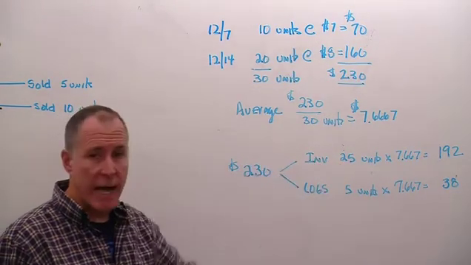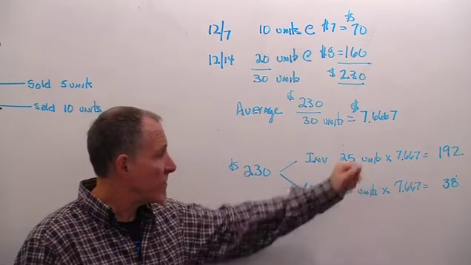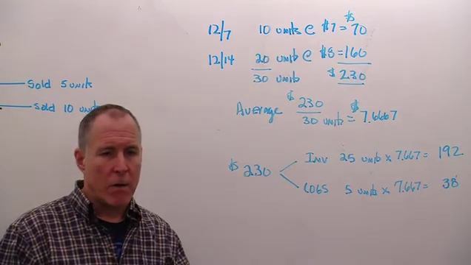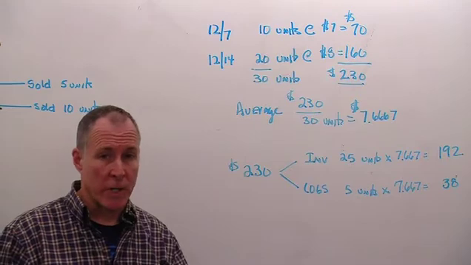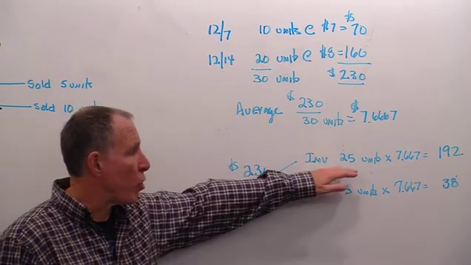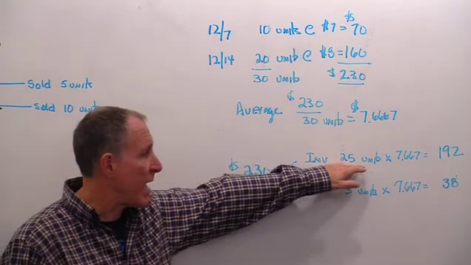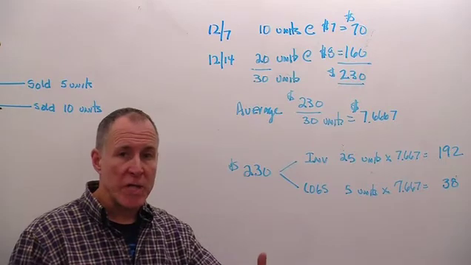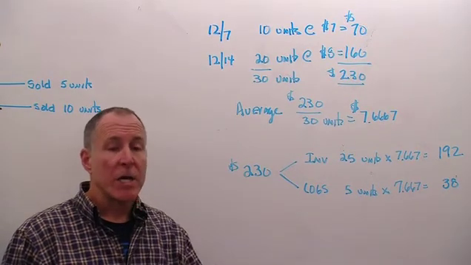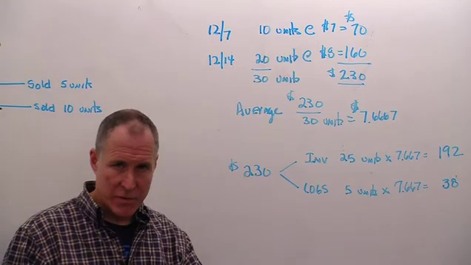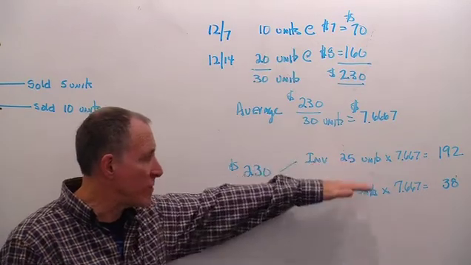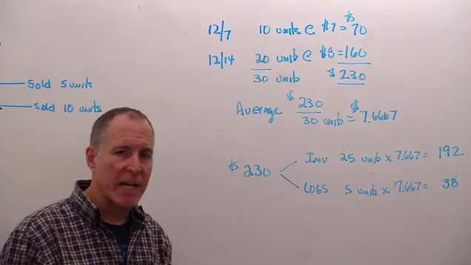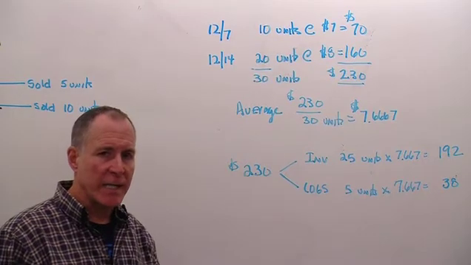Those units are priced out at my average I just did of $7.667 or $192. Now, what I'm going to do is buy more inventory. And so I am going to roll forward these 25 units at this $192 cost. And I'm going to have to use that with the new units that I buy to re-average the average. It's a moving average. It's an average that moves forward and is averaged in again. So we'll be right back, and we'll take a look at the second average when we sell the goods at the end of the month.